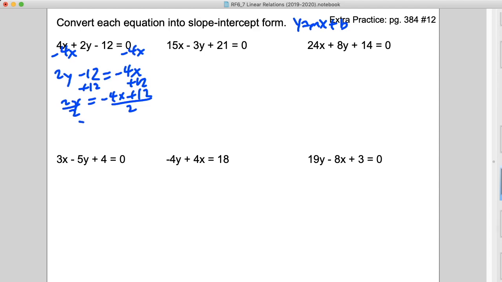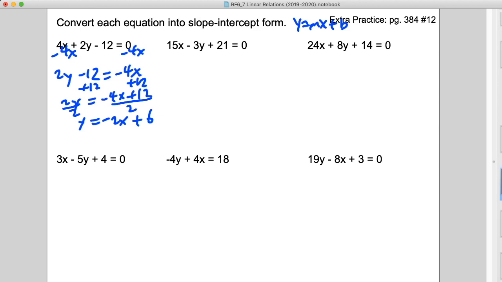So on the left, I'm left with y is equal to, and then on the right, negative 4x divided by 2 gives me a negative 2x, and 12 divided by 2 gives me a positive 6. So my slope-intercept form of 4x plus 2y minus 12 is equal to 0 is just y is equal to negative 2x plus 6.